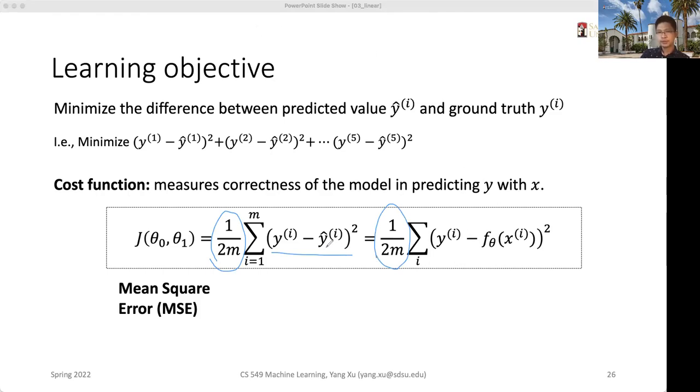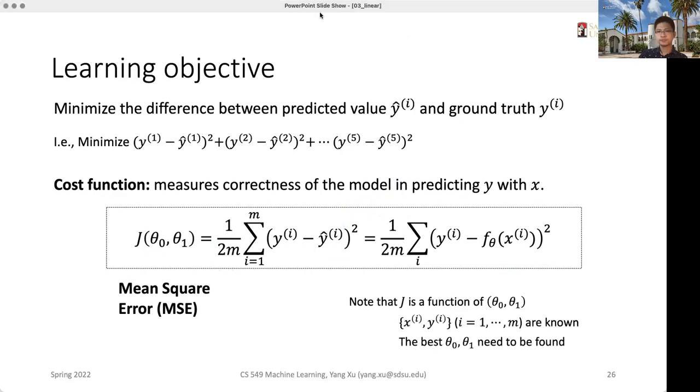When we substitute the formulas for computing y hats into the term in the middle, we will get the term on the right: a summation of y minus f theta of x, squared. This type of cost function is also called mean square error, and the meaning is straightforward.